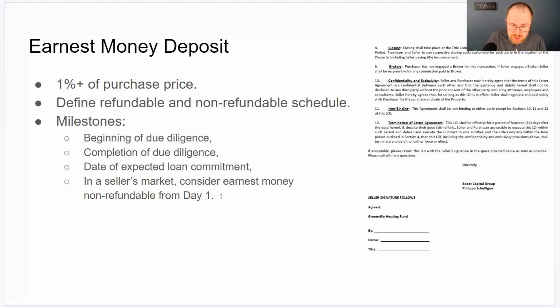It was very competitive. In a lot of deals, to have a competitive advantage, putting non-refundable money day one was the way to go. It could be 0.5%, could be 1%.